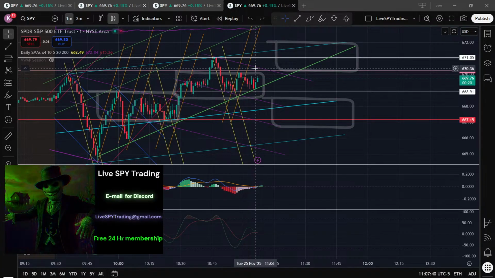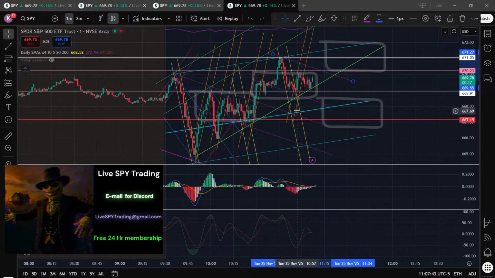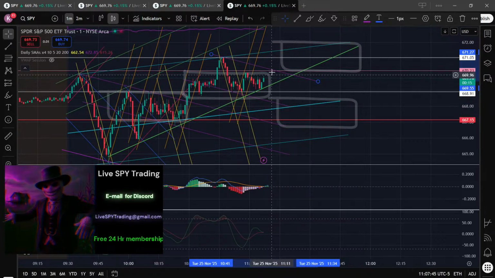On the break of purple, you got to measure risk to reward to the high of day. Also, we want to be over pink.